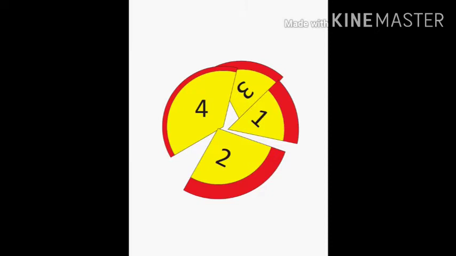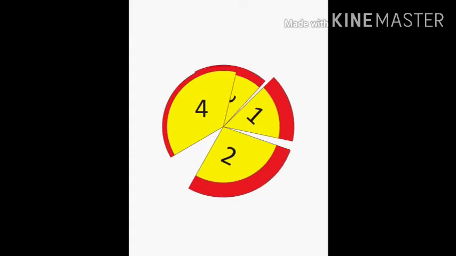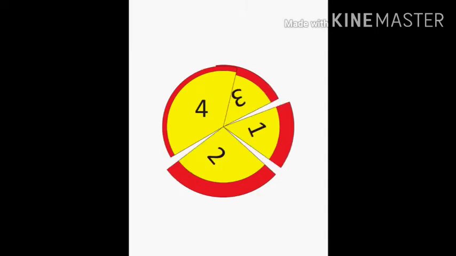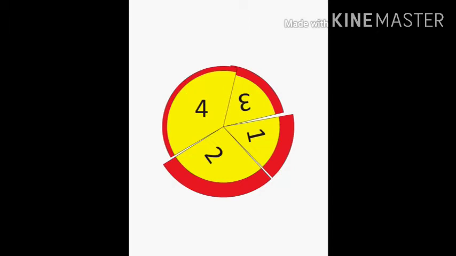You will see that when we arrange all the four angles, it will convert into a circle. Isn't it so? Let's check. Yes, it has formed a circle.